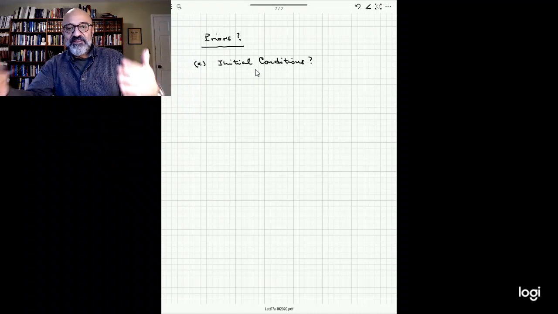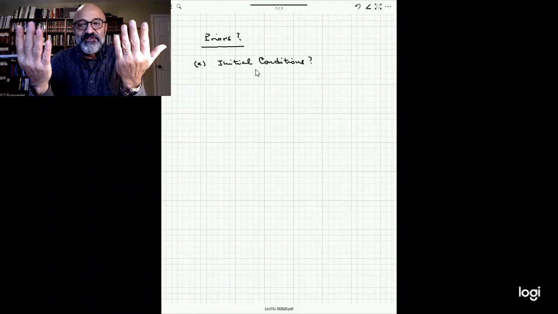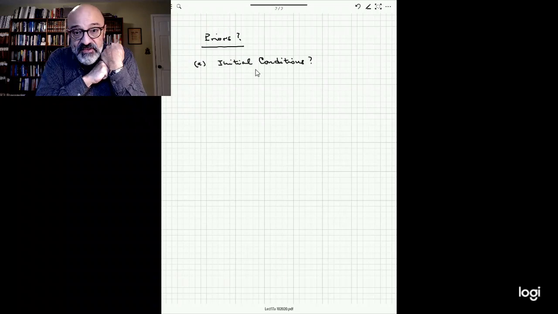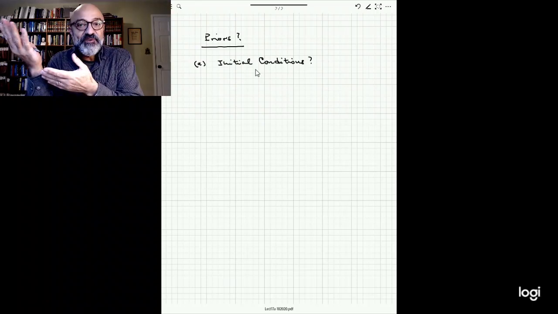There is always the beginning, and the laws of physics do not tell you what the beginning ought to be. So the same thing happens with priors. The laws of inference do not tell you what your prior beliefs are. You come with that, and then you proceed.